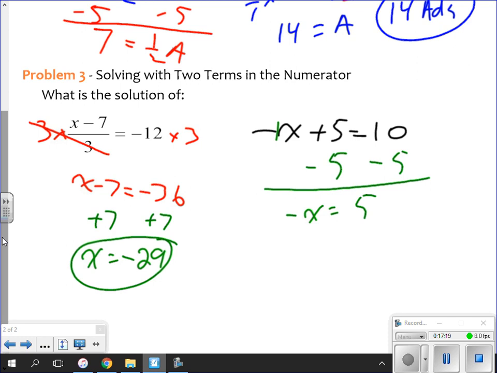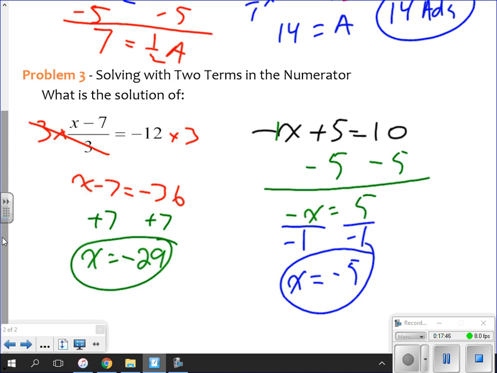Now, the easiest thing to think of, because I have a negative 1 in front of there, is divide by negative 1. The negatives cancel and I get x. And a positive divided by a negative is negative 5. When you're solving for your variables, you need to get x by itself first.